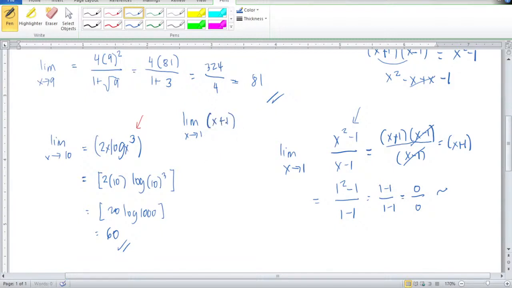And as you can see, if we now evaluate the limit, it will become 1 plus 1, or the answer is 2. Can you follow, class? So we avoided the indeterminate result, which is hard to determine.